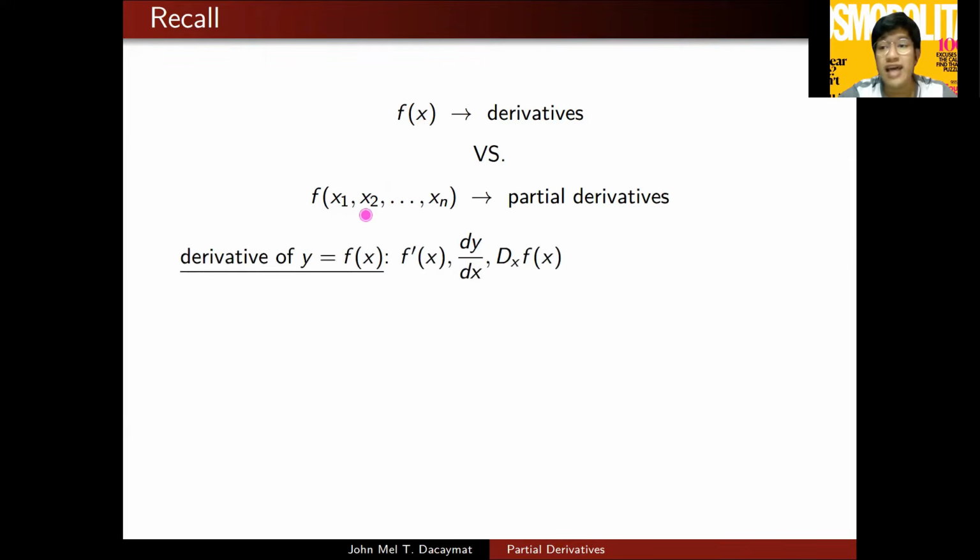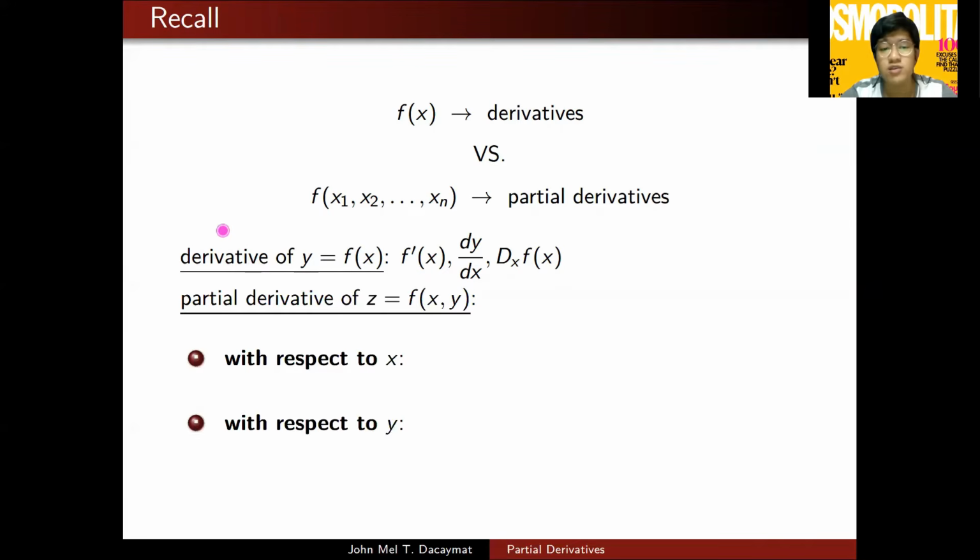So, kung tatandaan nyo, here are the notations that you've been using for the derivative of a real valued function. You have f prime of x, dy over dx, d sub x. Dun sa partial derivative, for example, if you have a function of x and y, syempre yung derivative niya, pwedeng with respect to x or with respect to y. Now, yung derivative with respect to x is denoted these ways.